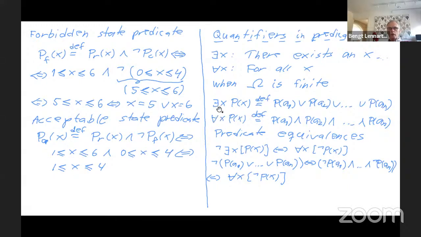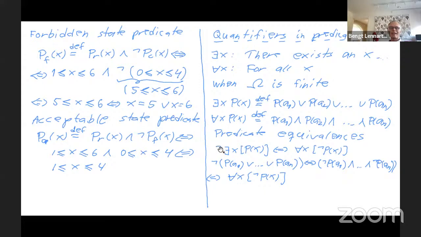For all, of course, we expect a replacement of OR with AND instead, because for all x, p of x must be satisfied. It means that it must be satisfied for a1 and a2, etc., until an. Based on this, we also get a number of predicate equivalences.